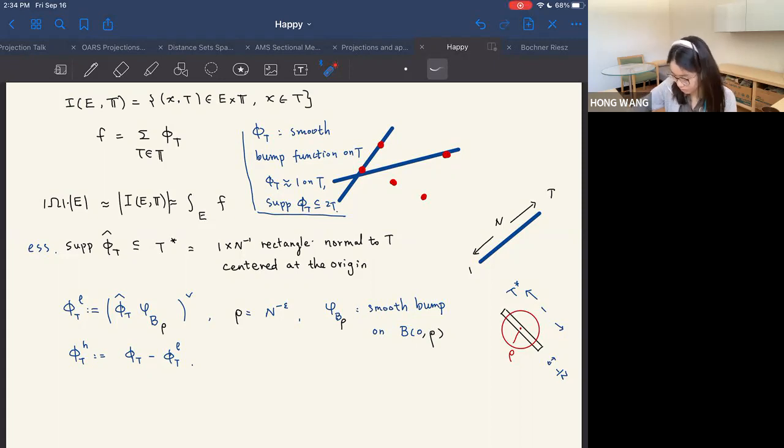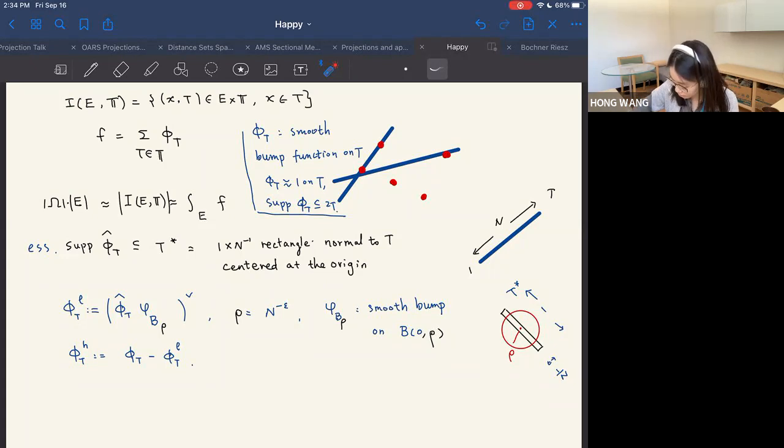And the low frequency part is the Fourier transform of phi_T with frequency restricted to the small ball centered at the origin. And so, yes, that's what I was about to say next.